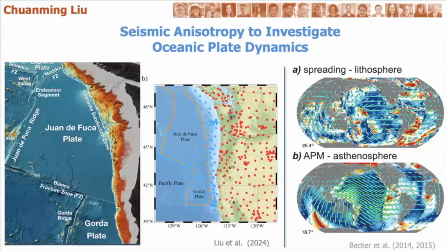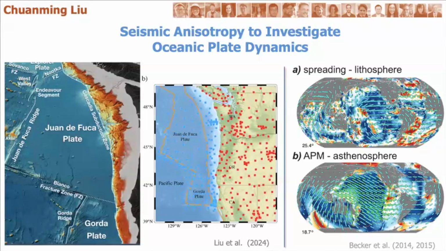For the Juan de Fuca plate here, the blue squares represent about 250 ocean bottom seismometers, and we also have a lot of onshore broadband stations. Based on such a nice seismometer distribution, we have the confidence to retrieve the azimuthal and structural patterns in such a young oceanic plate.